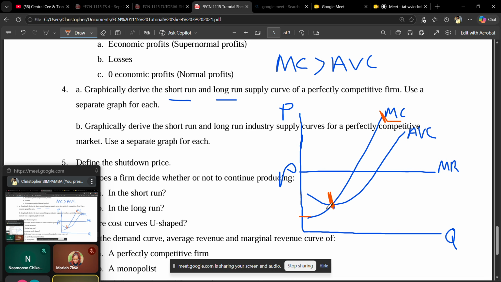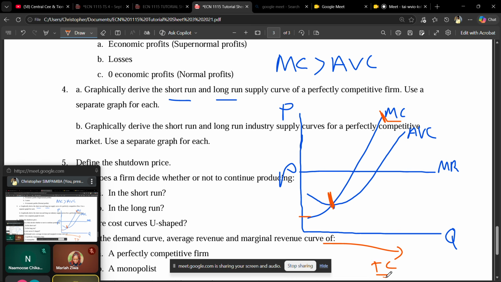Why is it upward sloping? We've talked about this a lot of times. It is upward sloping because of the law of diminishing marginal returns. As the firm is producing, it will be incurring total costs.